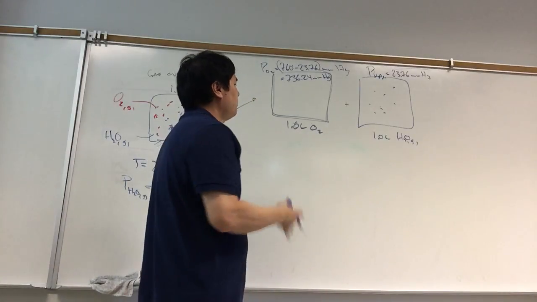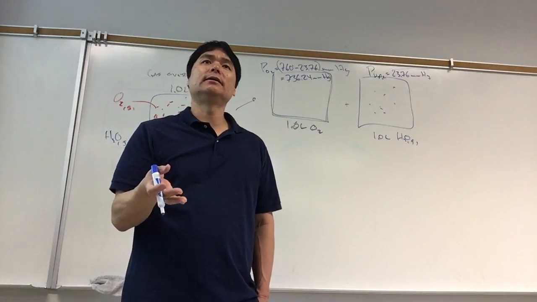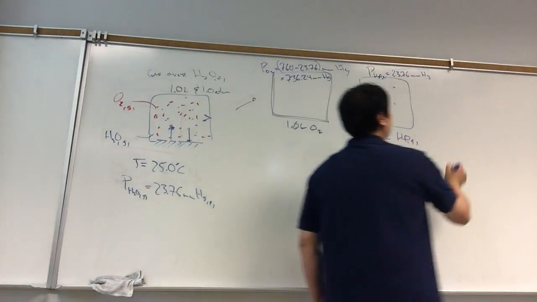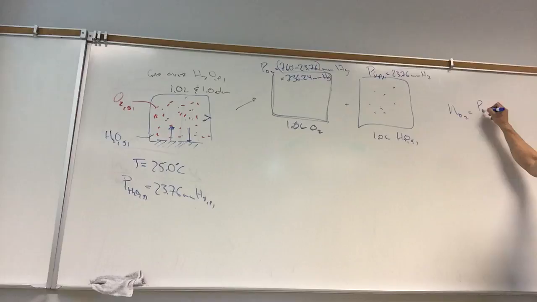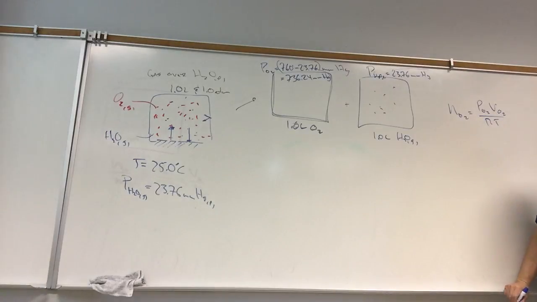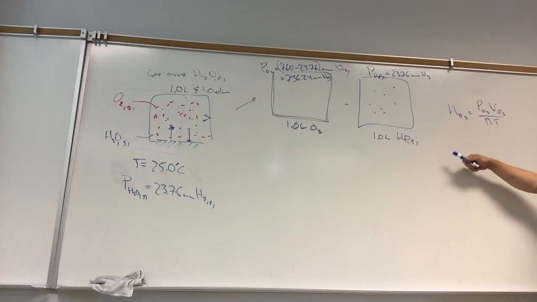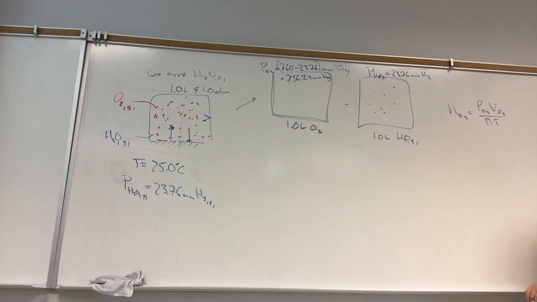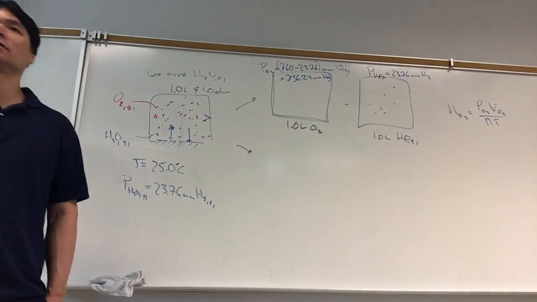And so if I want to figure out how much O2 I actually collected, the moles of O2 will equal the pressure of the O2 times the volume of O2 over RT. The pressure is 736.24, and we convert that to atmospheres. The volume is 1 liter. That's how many moles of pure O2 I formed.